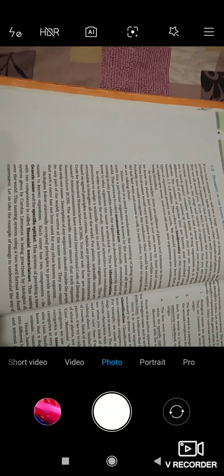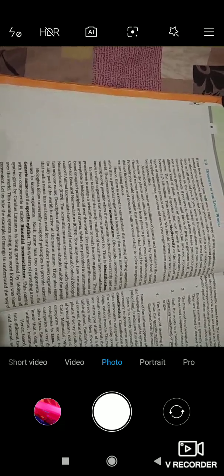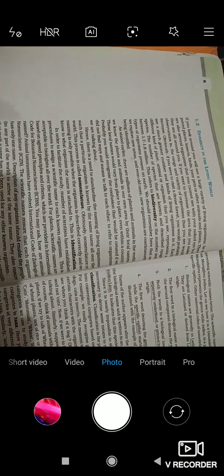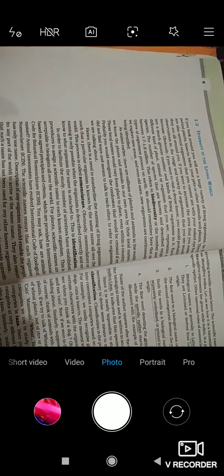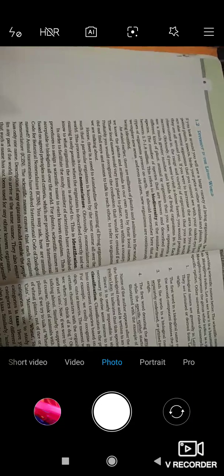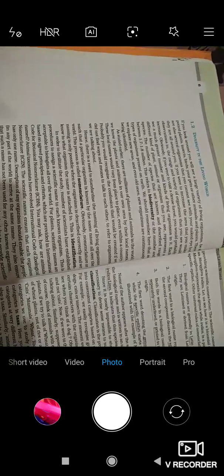Let's see what it is telling in the next statement. Obviously, nomenclature or naming is only possible when the organism is described correctly and we know to what organism the name is attached. So nomenclature is only possible if we can describe the organism. Description means description of the organism's body functions, body parts and so on.